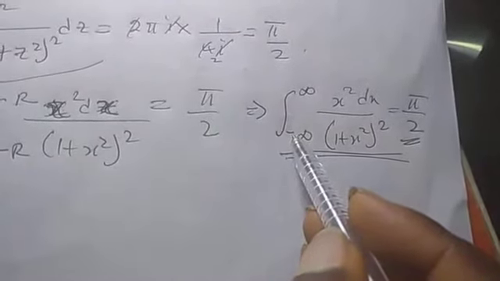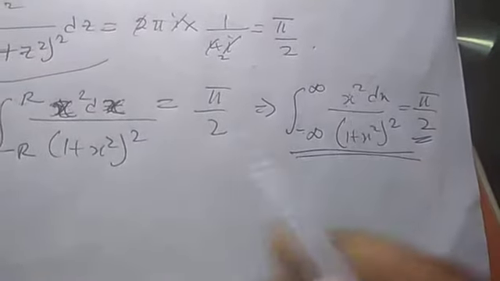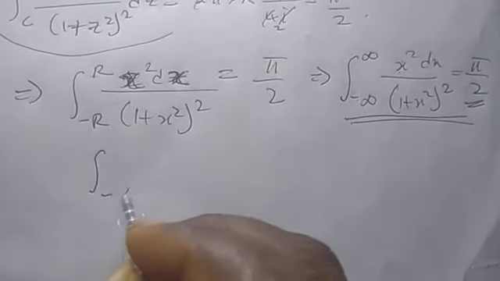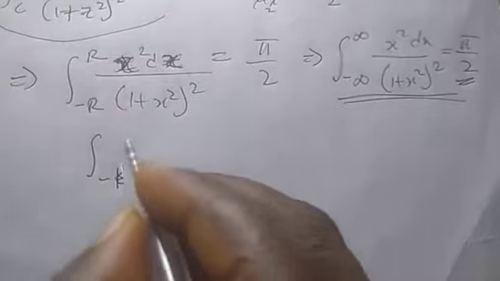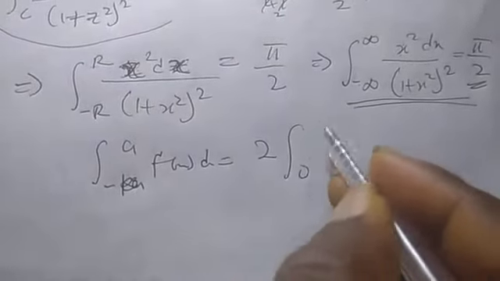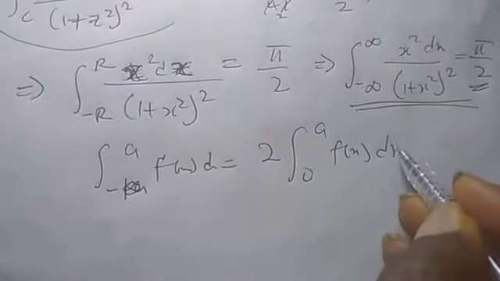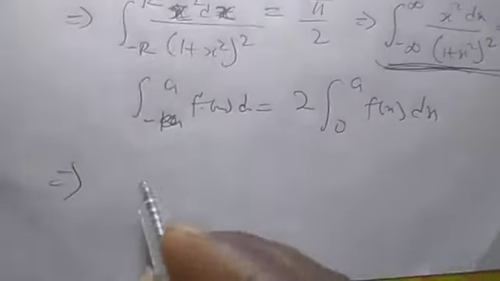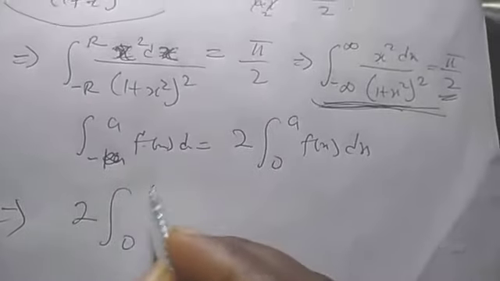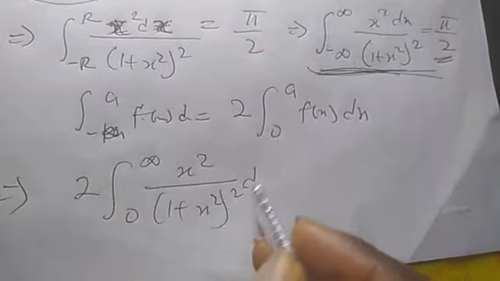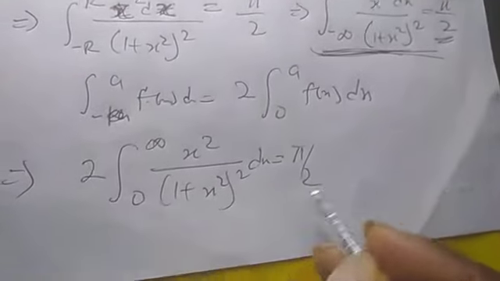Since this is an even function, we recall that if a function is even, then the integral from minus a to a of f of x dx is the same thing as 2 times the integral from 0 to a of f of x dx. So in that case, this expression will become 2 times the integral from 0 to infinity of x squared over (1 plus x squared) all squared, equal to pi over 2.